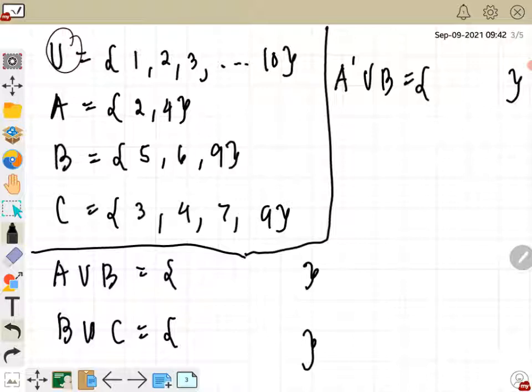So let's combine, list down the elements of A union B. So that is 2, 4, 5, 6, 9, since there is no repeated element. B union C, we have 9 repeated, so we have 2, 3, 4, 5, 6, 7, 9.